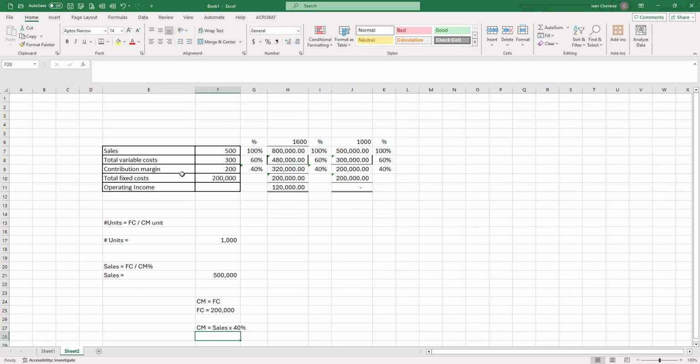Why? Because my contribution margin is 40% of the sales. How much should my contribution margin be? That's what I'm chasing. And once I get that number, I'm done. This is the calculation for the break-even. Let's stop sharing this and let's go to the slides now.